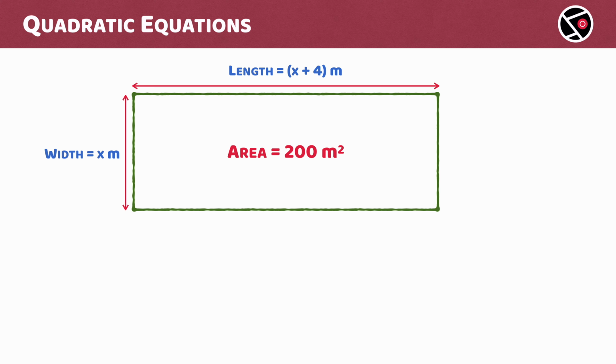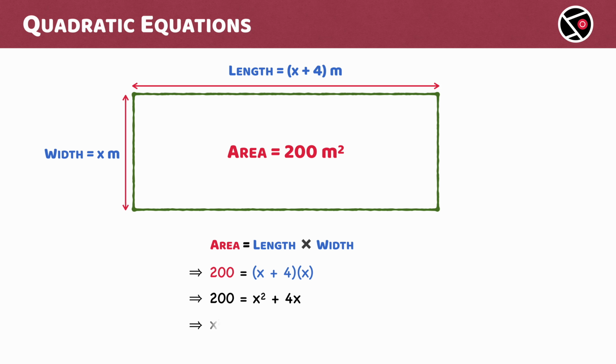We know area equals length times width. 200 equals x plus 4 times x. 200 is x square plus 4x. X square plus 4x minus 200 equals 0. We have a quadratic equation here. We can solve this equation to find x, which is the width. Then we can find the length, which is x plus 4.